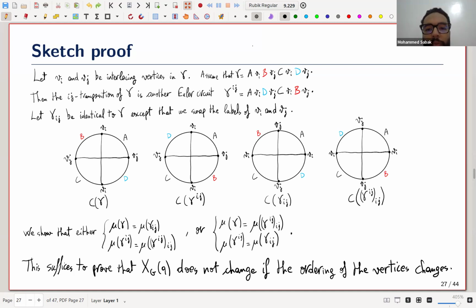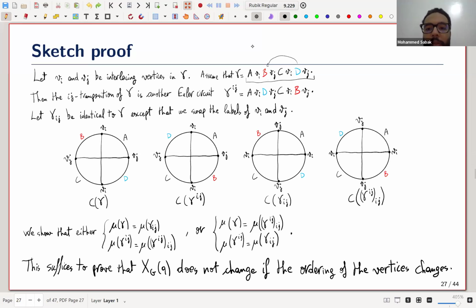Then we have our first visit to Vi, then another sequence B, then our first visit to Vg, another sequence C, second visit to Vi, another sequence D, and the last visit of Vg. So what we will do is take this and swap the letters B and D.